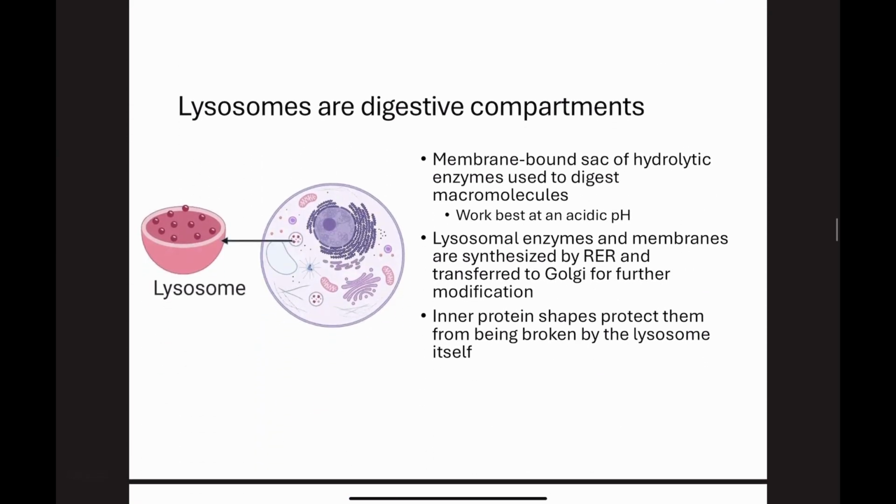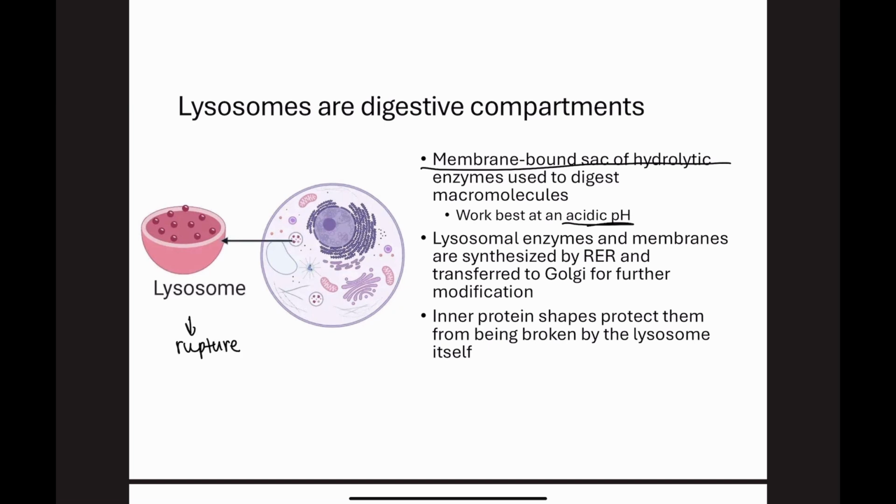So lysosomes are another component of the endomembrane system, and they are digestive compartments. Our lysosomes are membrane-bound sacs of hydrolytic enzymes that enable animal cells to digest macromolecules. And our lysosomal enzymes work best at an acidic pH. But our lysosomes can actually rupture.